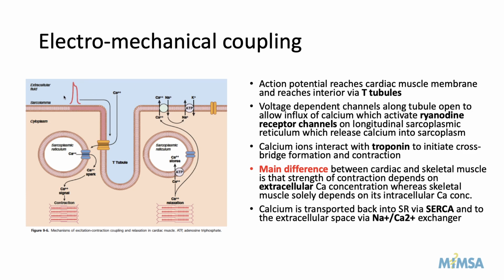So over here, you have the action potential, which comes down. It goes inferiorly into the cardiac muscle via T tubules.